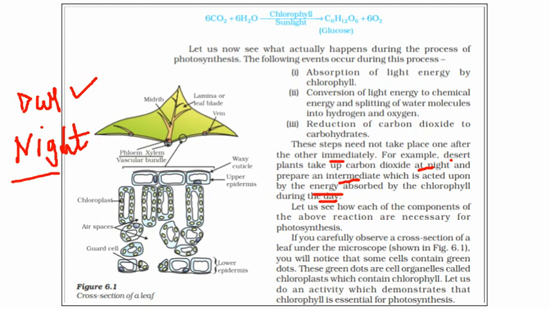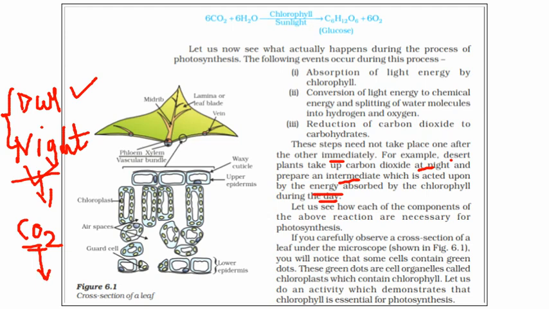Why does it occur in these 2 steps? Because the stomata open during the night and close during the daytime. During the daytime there is more sunlight, and at night it absorbs the carbon dioxide and prepares the intermediate.